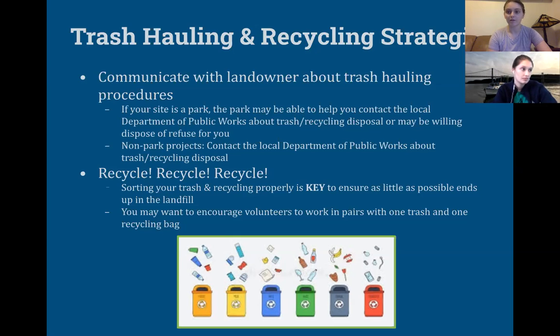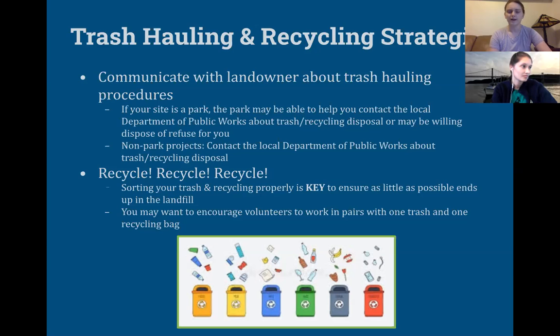The park may be able to directly help you with disposing of the waste for you. And for projects that are not at parks, it's still possible that the municipality may help you out in disposing of trash and recycling. So we recommend, as a first step, just reaching out to that landowner or municipality who may be able to help you.